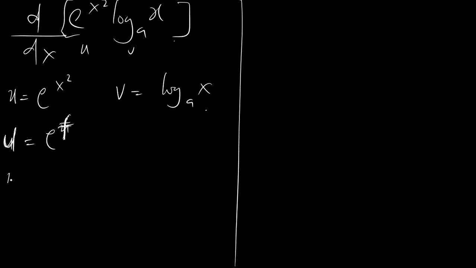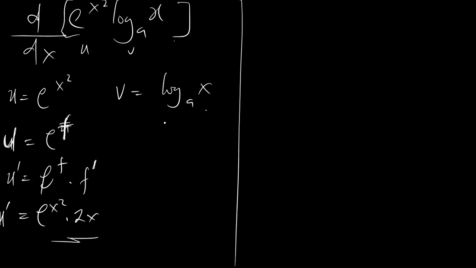Now the derivative of u, using the chain rule, is e^f times f prime. So what we're going to do now is e^(x²) times the derivative of f with respect to x, which is 2x. So that is our u prime.